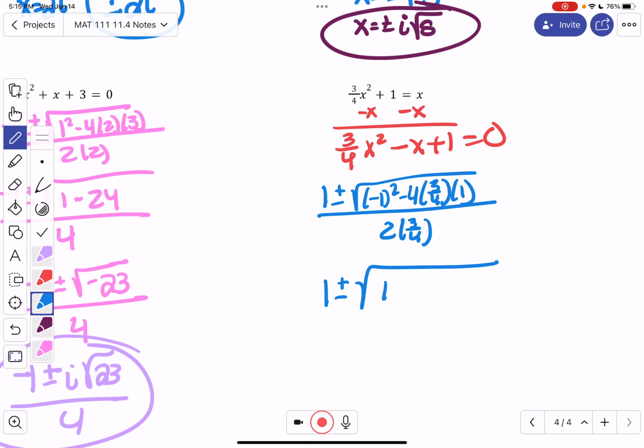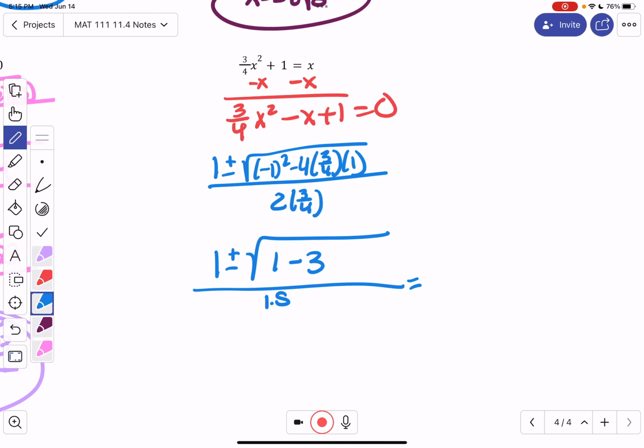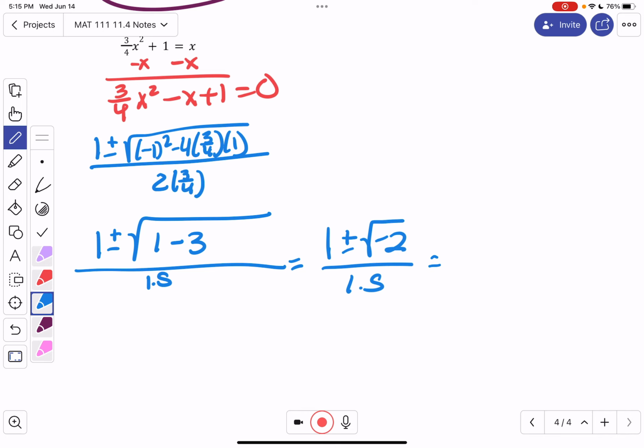Negative 4 times 3/4 is negative 3, times 1 is negative 3. 2 times 3/4 is 6 over 4, which is 3 over 2, which is 1.5. Well, yeah, 1 minus 3 is negative 2. That doesn't break down anymore, so we're going to have an i with a 2 there.